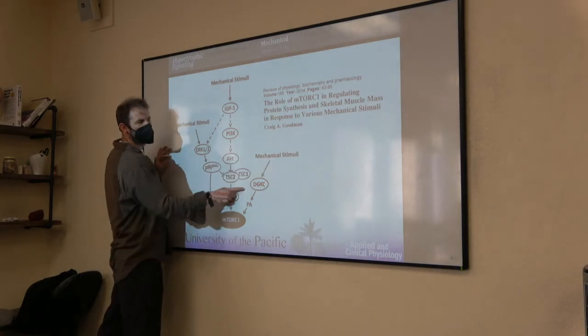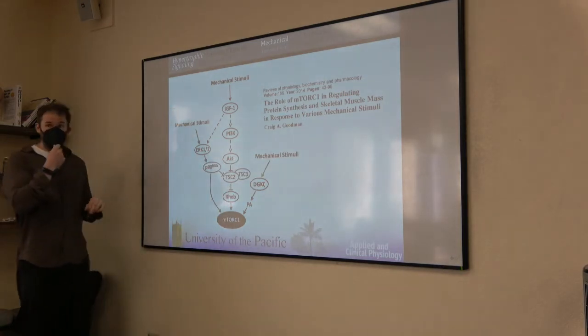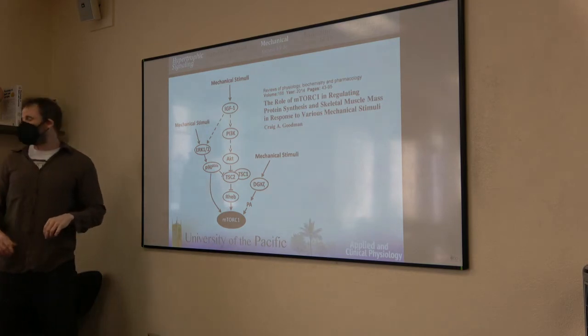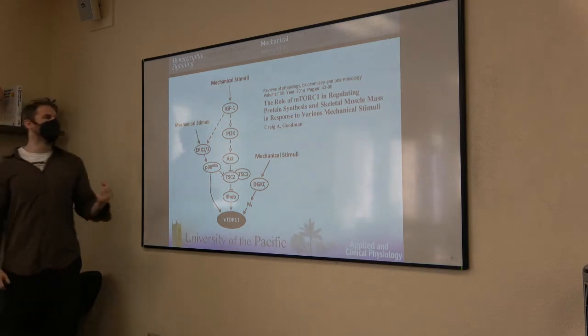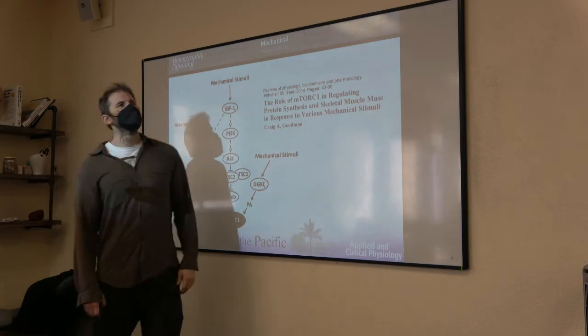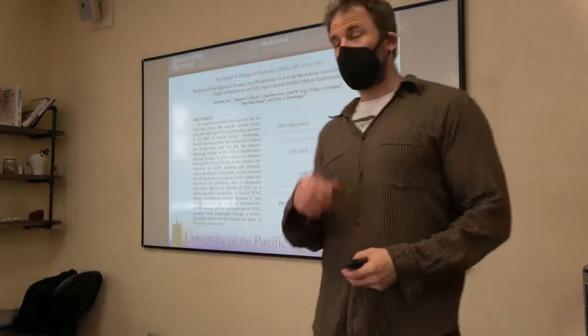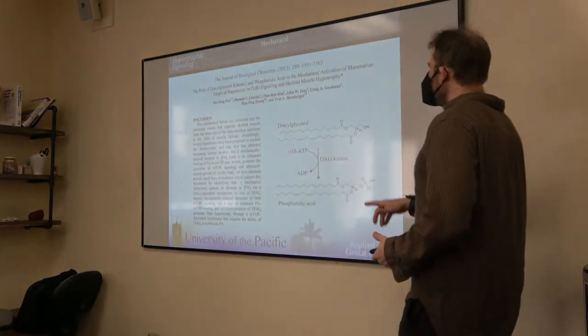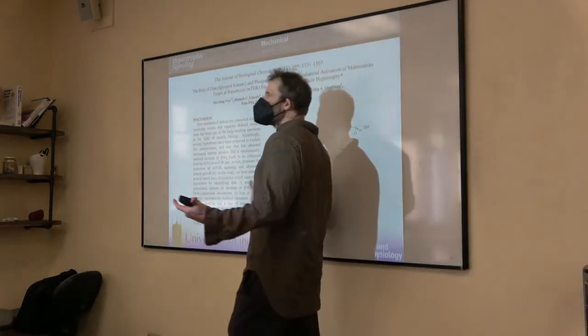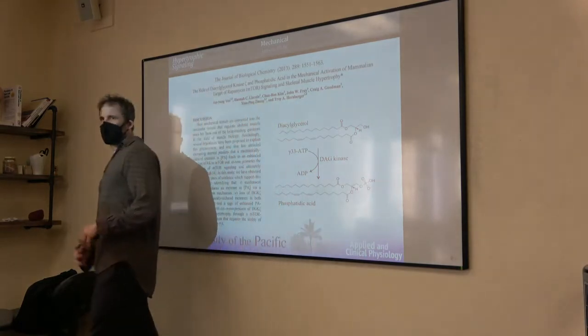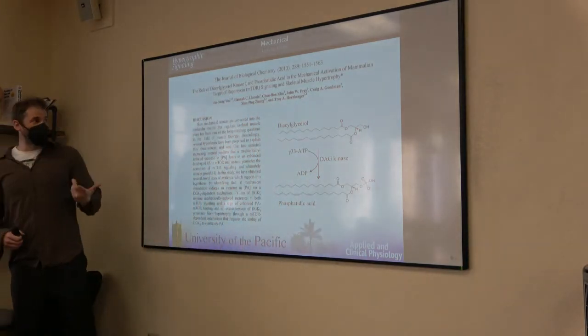Now, mechanical stimulus, remember, diacylglycerol kinase, DGK, is another pathway. And this is converting your diacylglycerol. Remember this thing when we were talking about fat loss? That was a big one for fat loss. We use adipose triglyceride lipase.